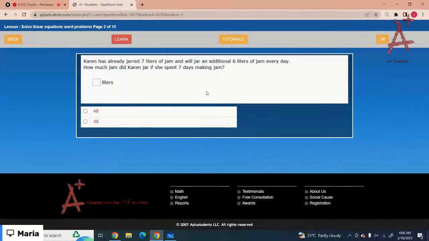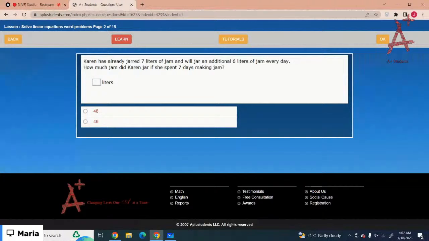Karen has already jarred 7 liters of jam and will jar an additional 6 liters of jam every day. How much jam will Karen jar if she spends 7 days making it? Basically, she already jarred 7 liters, and per day she is going to jar 6 liters.